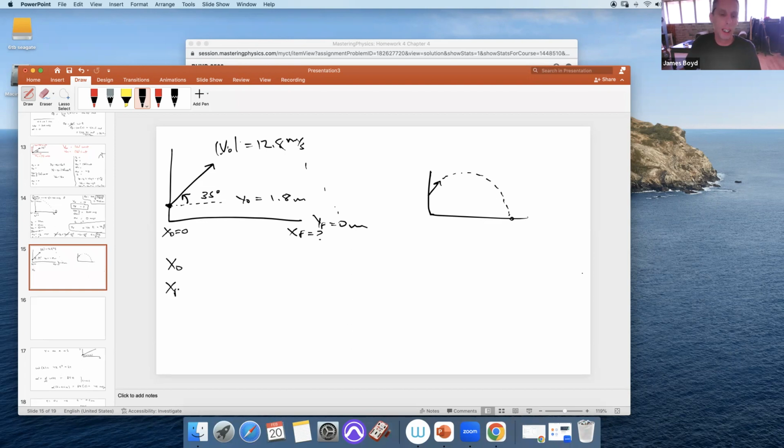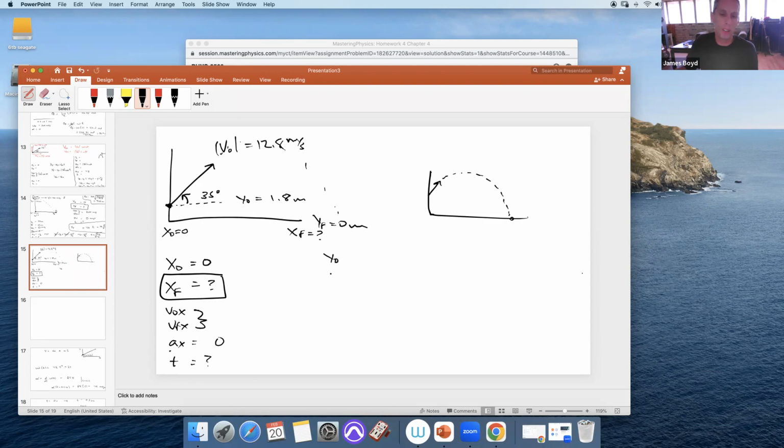So again, X initial, X final, V naught of X, V final of X, A of X, and T. A of X is 0, T is unknown. We'll talk about the X in a minute. This is what we want. This is 0. We don't know this, and we don't know if we're going to use it.